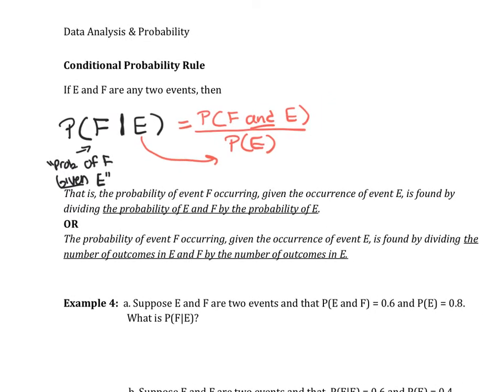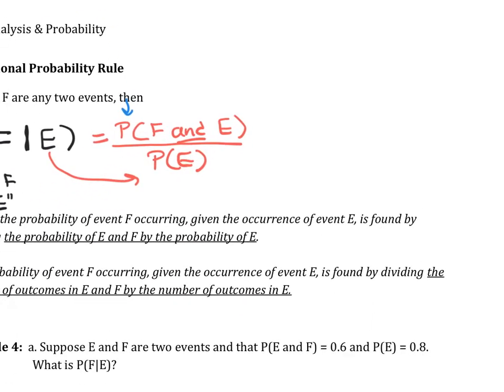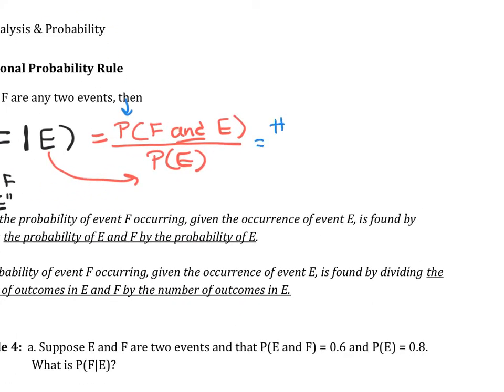Now, you'll notice here I'm talking about probabilities, but when we did this calculation up here, we just did the number of outcomes. You can do that calculation the same way. Number of outcomes in F and E in the overlap, and number of outcomes in E, it'll give you the same thing. So if you're given probabilities, use the probabilities.